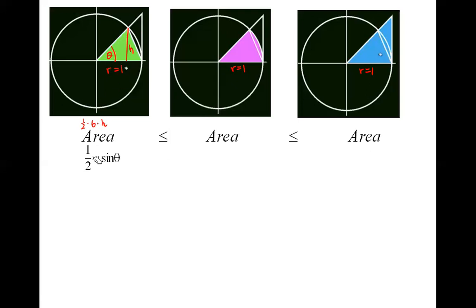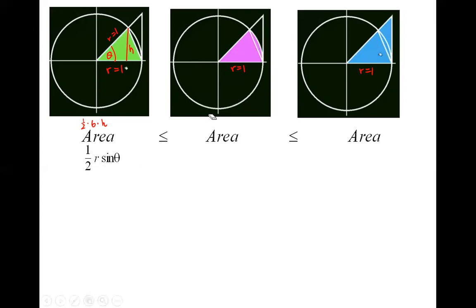I will probably put 1 in a minute, but I put r. And for the height, sine theta will be h over the radius, the hypotenuse. Since the radius is 1, it is just sine theta. That means the height is sine theta, the base is r. Okay, I will put 1 in a minute.